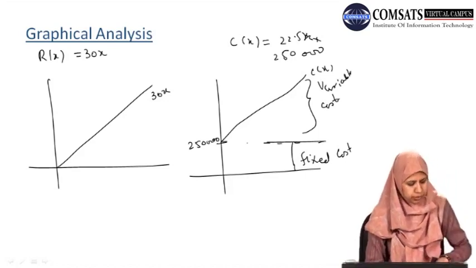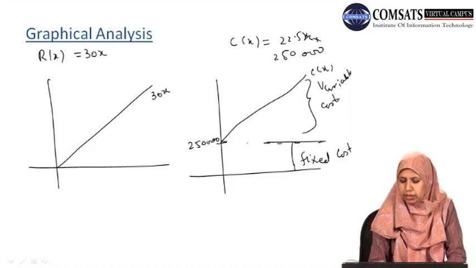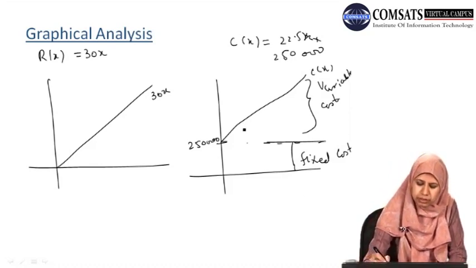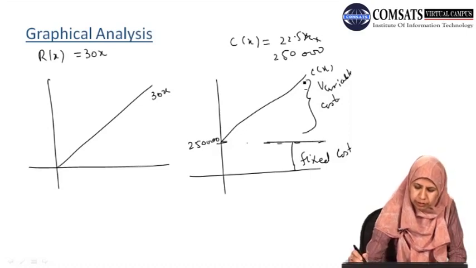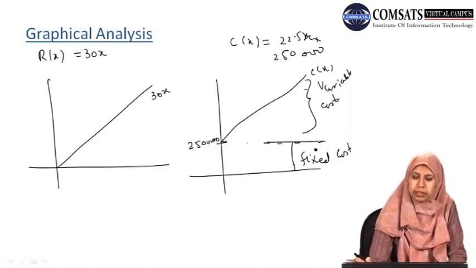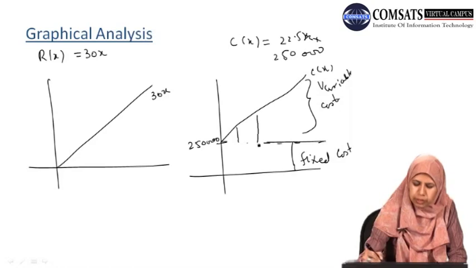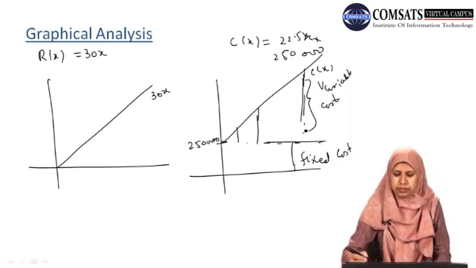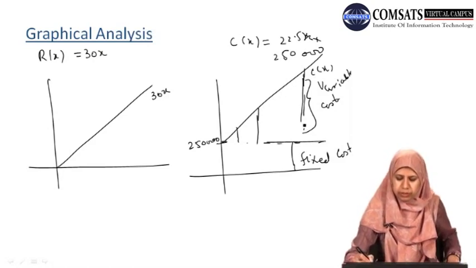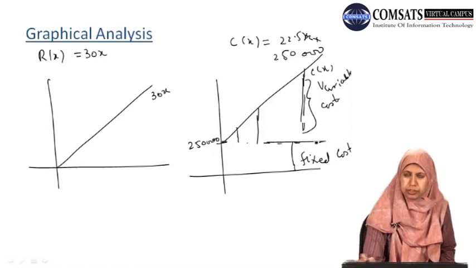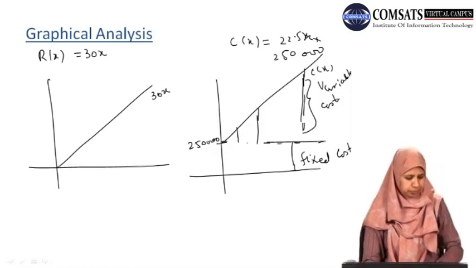As x increases, this ratio of variable cost will remain the same. As x is smaller, this is small, x is in between, this is a bit bigger. As x increases, our variable cost is also increasing, but this fixed cost is the same.